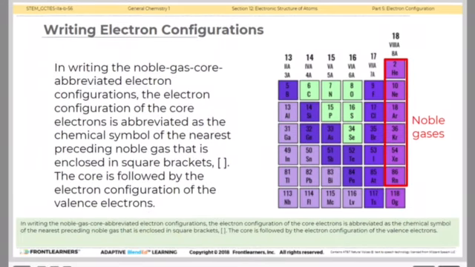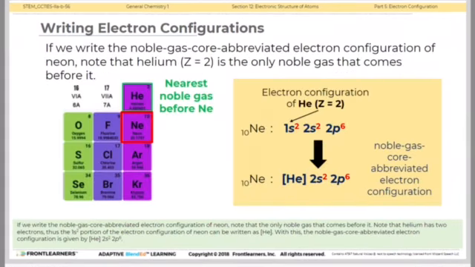In writing the noble gas core abbreviated electron configuration, the electron configuration of the core electrons is abbreviated as the chemical symbol of the nearest preceding noble gas enclosed in square brackets. The core is followed by the electron configuration of the valence electrons. Take the noble gas abbreviated electron configuration of neon.